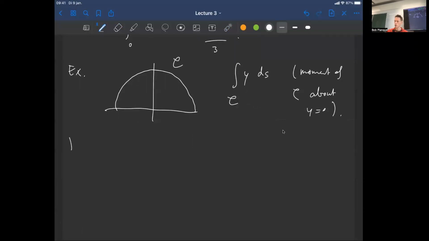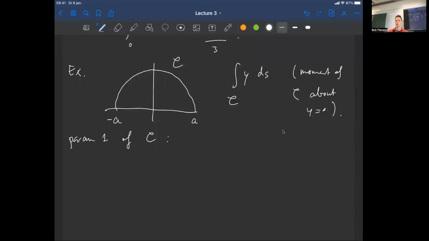So let me first choose this parameterization 1 of this curve. Well, I actually would like it to go from the point (a, 0) to (minus a, 0). So it's not a standard circle, but one with radius a.